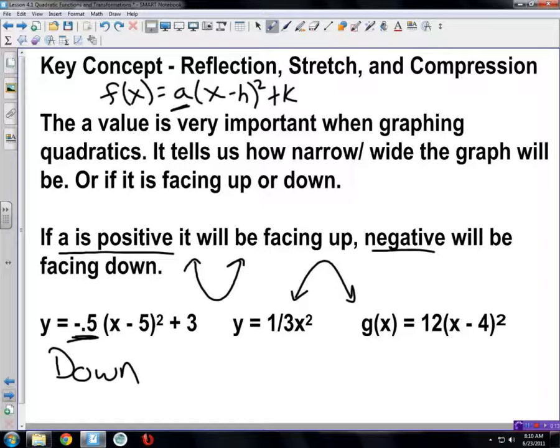If you look at this one right here, this one looks a little bit different. There's no parentheses, but the A value is 1/3, and that's a positive number, which means it's facing up. And the last one, g of x here, the A value is 12, which means it's facing up again.